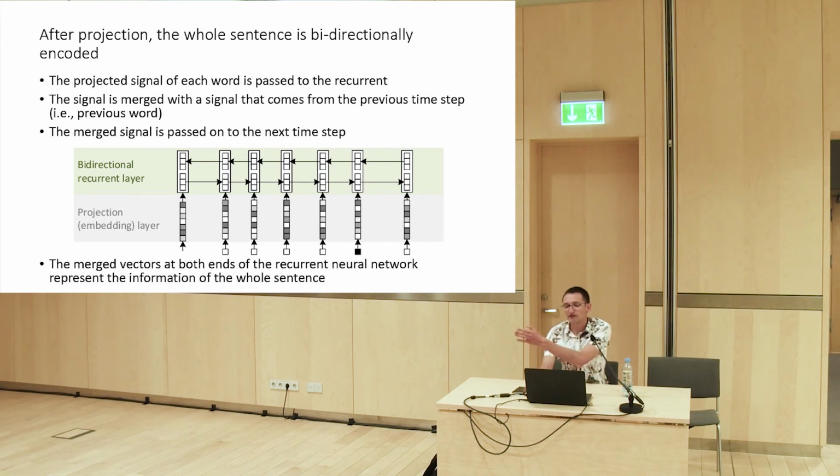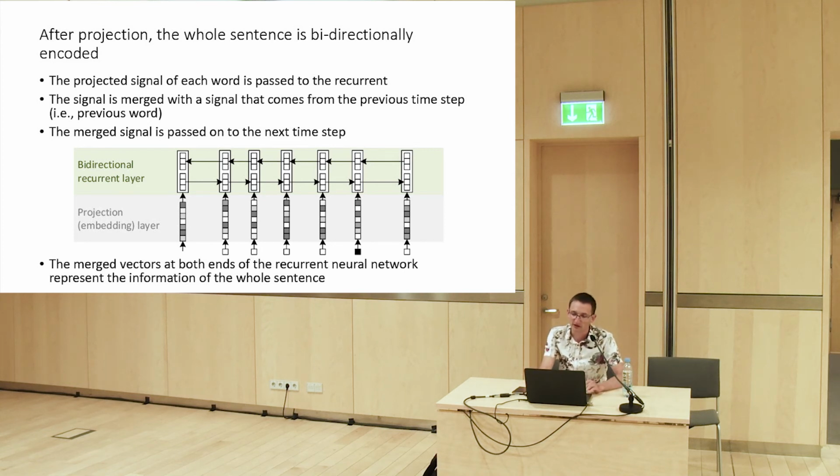We do this also in a reverse direction, so from right to left. We reach also a last step where we have the meaning of the whole sentence encoded from the right to the left in one vector. If we combine those vectors together, the left to right and right to left vectors, at each position in this network we have the whole information or the knowledge about the whole sentence.